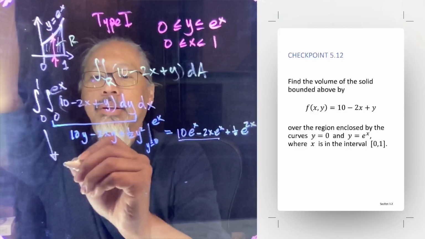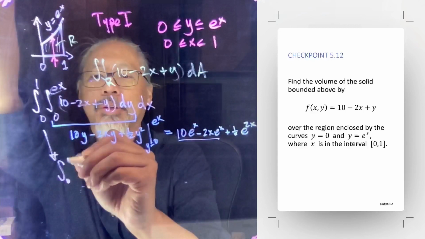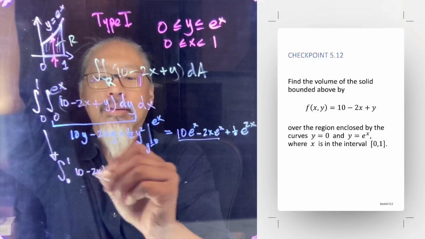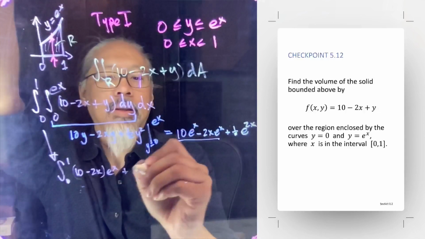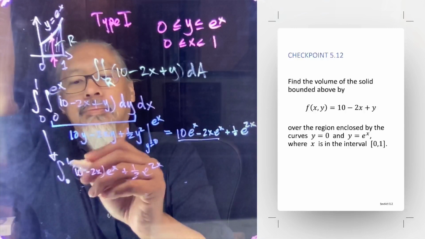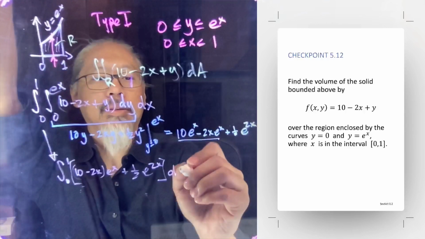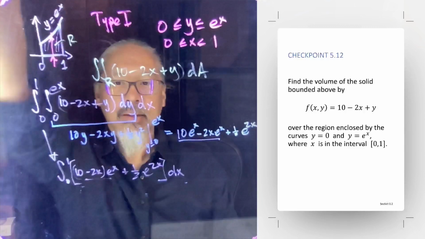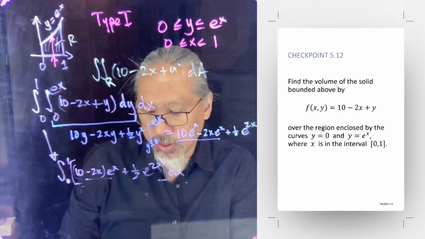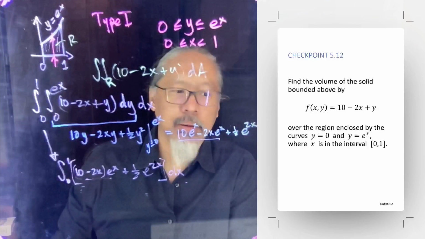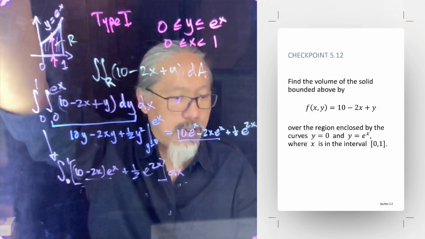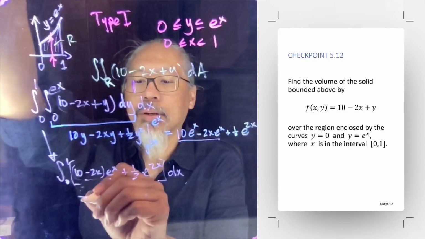Anyways, when you get to here, you will have an integral from 0 to 1 of this thing that we just found: 10 minus 2x will factor out an e to the x from there, and then 1/2 e to the 2x dx. And like I said, this thing will involve integration by parts, and so I'm going to skip over that and just give you the solution that I ended up getting.